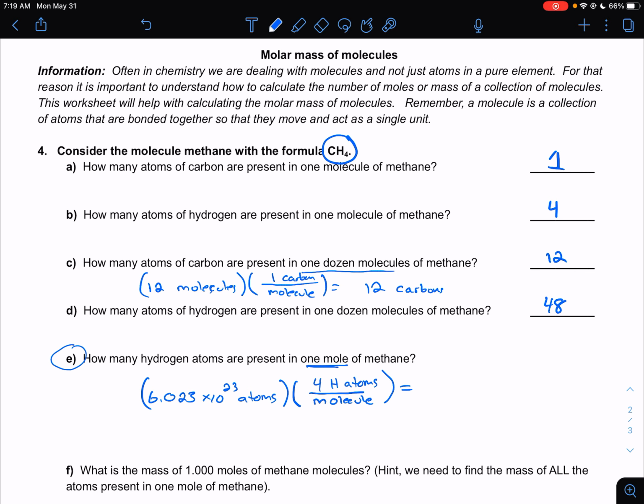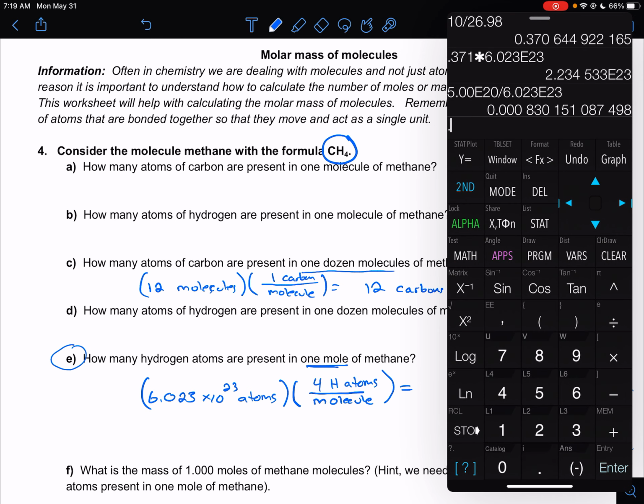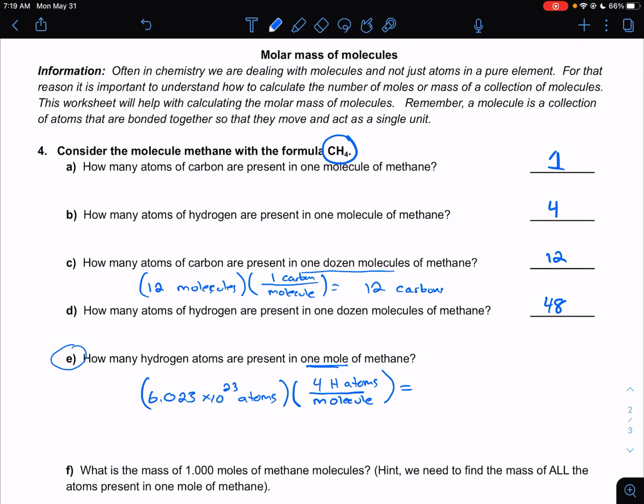And we can multiply that out. We get 6.023 times 10 to the 23rd times 4, and we get 2.41 times 10 to the 24th.